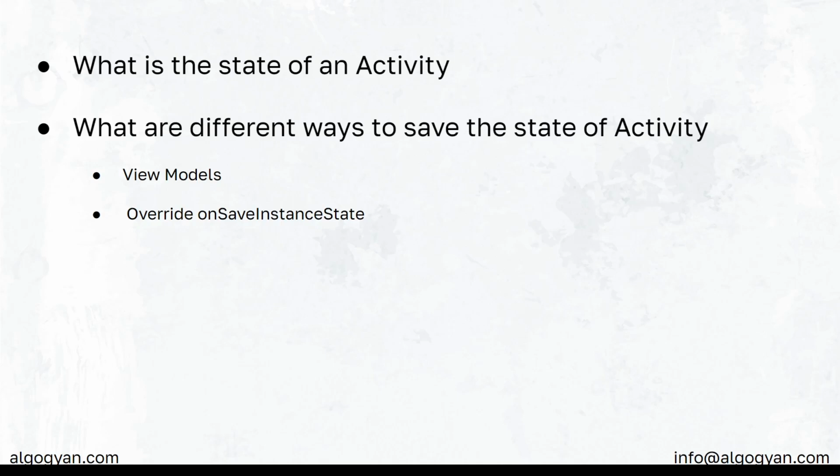That is generally used for activities that do server communication or lots of file IO operations. Instead of losing the data completely, they store everything in that ViewModel and restore it back. In simple applications, we can use onSaveInstanceState. That's what we are going to look at today.